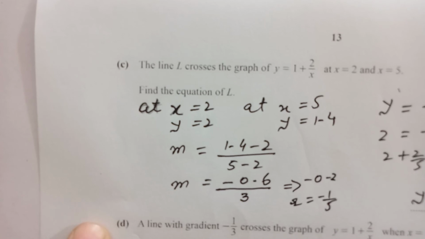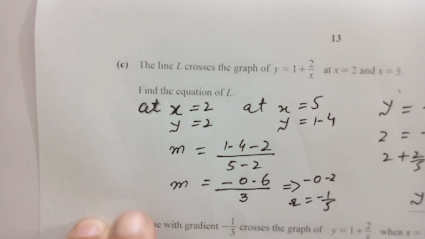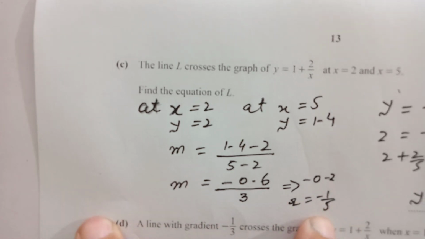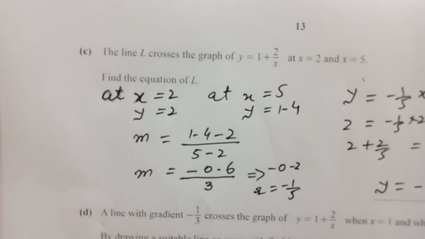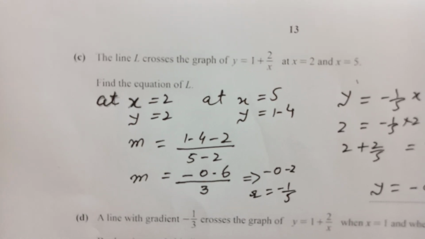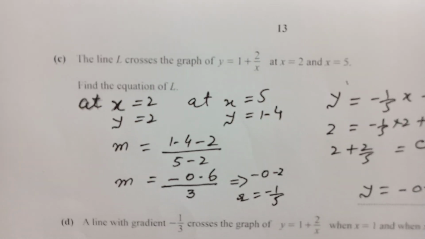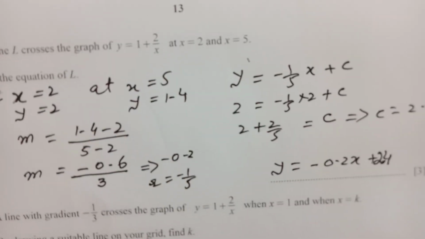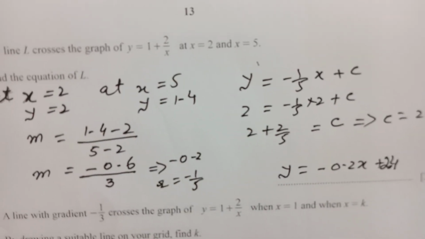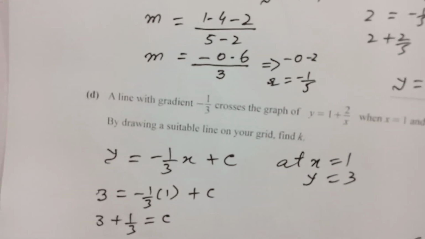We can take these values from the table. For the equation of the straight line, first we will find the gradient, that is minus 1 by 5, and y is equal to minus 1 over 5x plus c. Put the values for the value of c. The c is equal to 2.4. So your final equation will be y equals minus 0.2x plus 2.4.